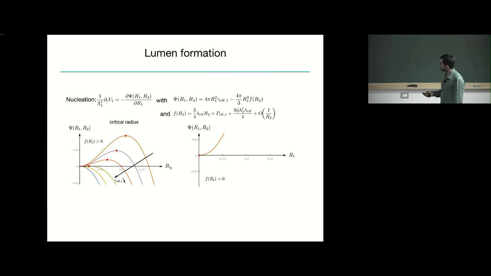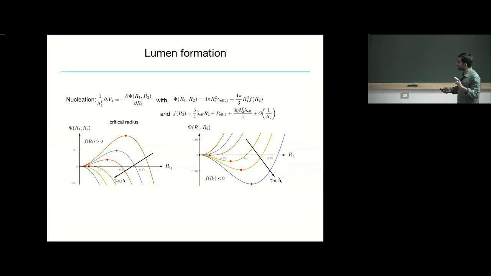Now, what happens if f of R2 is negative? So you get this kind of profiles. So basically the lumen always shrinks. Now, if you decrease the surface tension again, what happens? You come across a minima like this. And so the lumen comes to a steady state finite thickness. So basically, whenever you reduce the surface tension, there is a possibility for lumen formation.